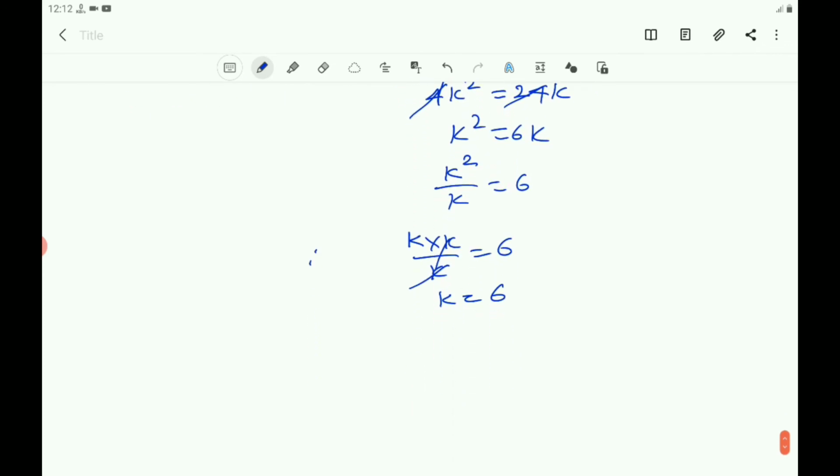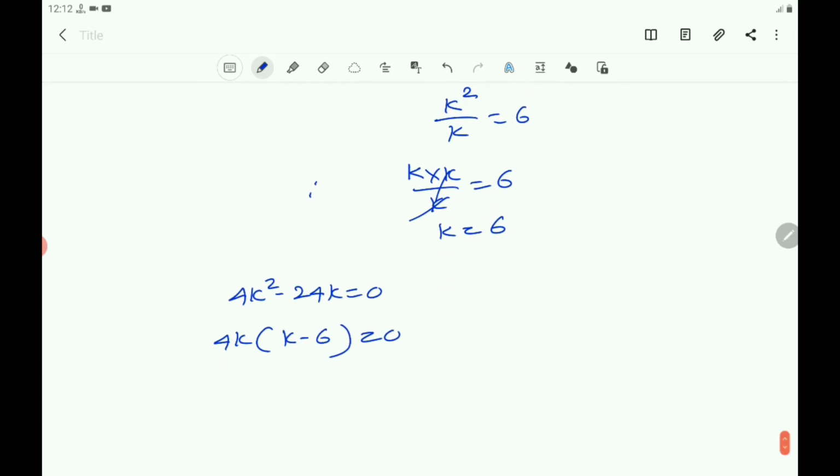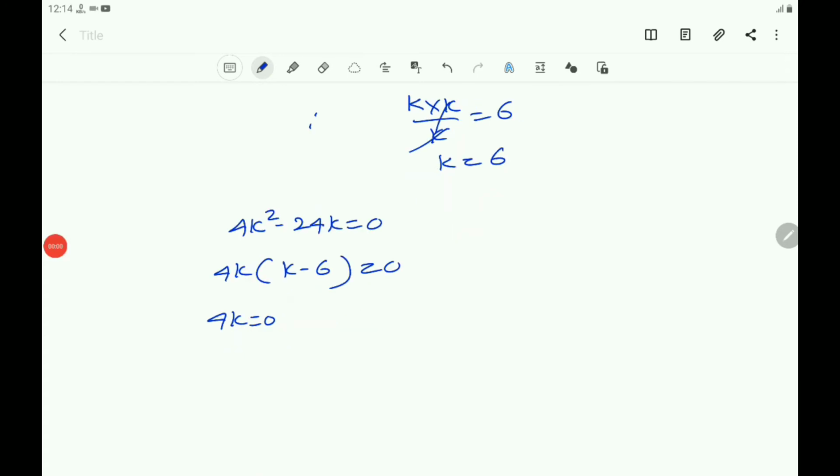Or, from this step you can take 4k square minus 24k equals 0. Then you can take 4k common: 4k into k minus 6 equals 0. If you equate 4k equals 0 or k minus 6 equals 0, you will get k equals 0 and k equals 6.